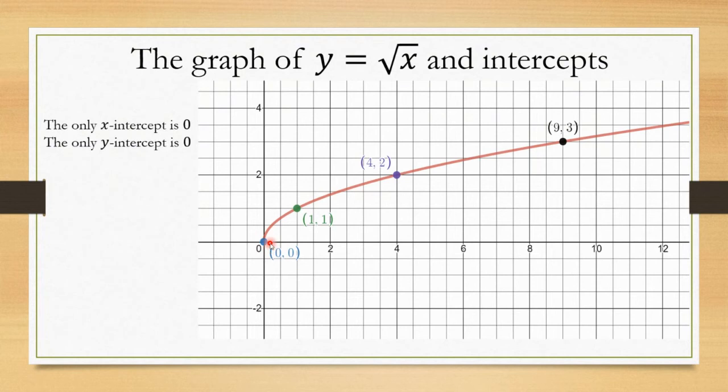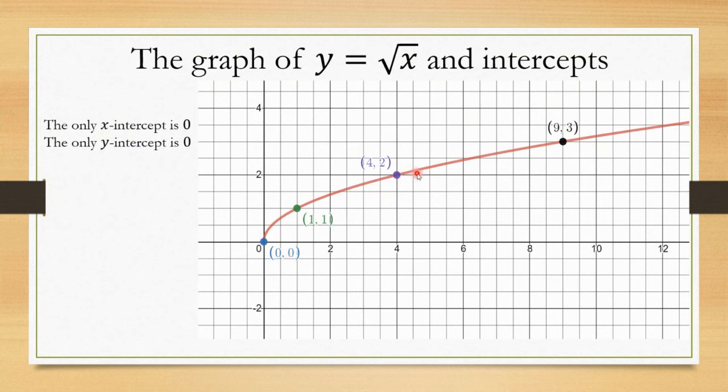So the only point on the graph of the form something comma 0 is the origin. So the x-intercept is 0, and 0 is also the y-intercept.